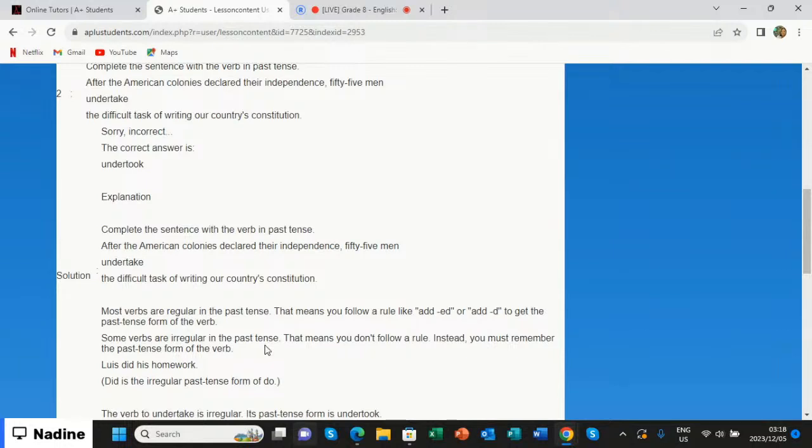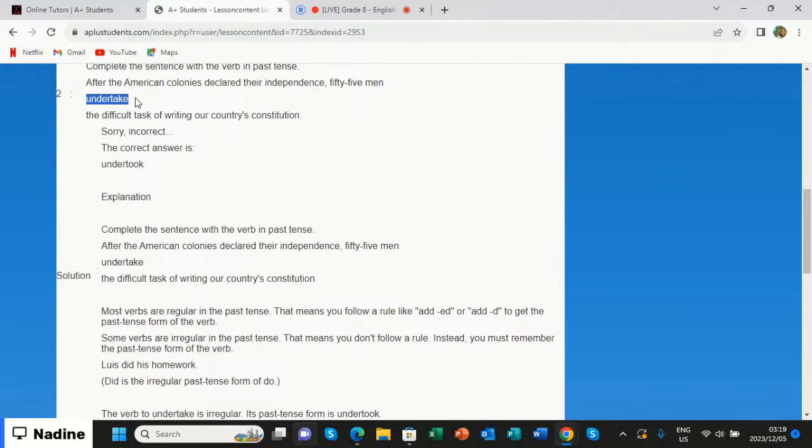We need to complete the verb within the past tense. After the American colonies declared their independence, 55 men undertake the difficult task of writing our country's constitution. So undertake, we need to change that specific word into the past tense form.